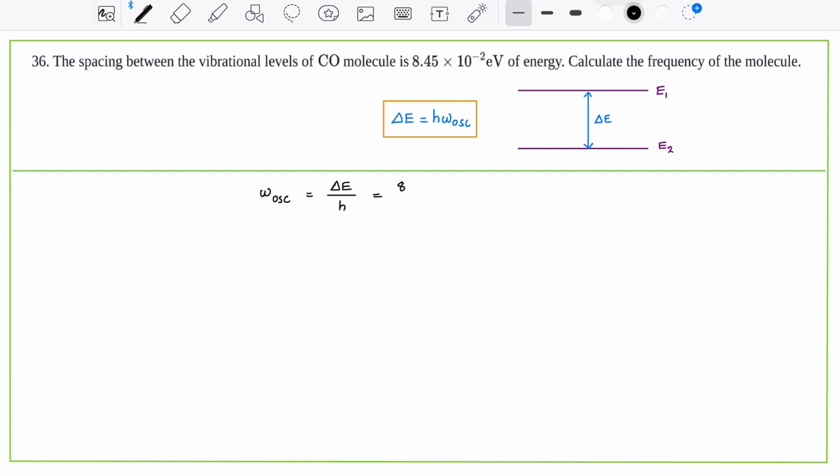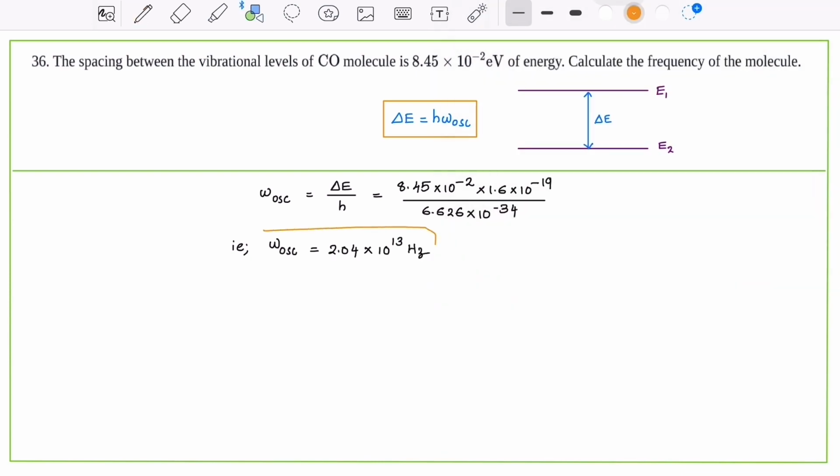In the present problem, the spacing between the vibrational levels is given as 8.45 × 10^-2 electron volt, and we have to convert it into joule by multiplying with 1.6 × 10^-19. Then divide it by h, that is equal to 6.626 × 10^-34. Therefore, the answer is 2.04 × 10^13 Hertz.